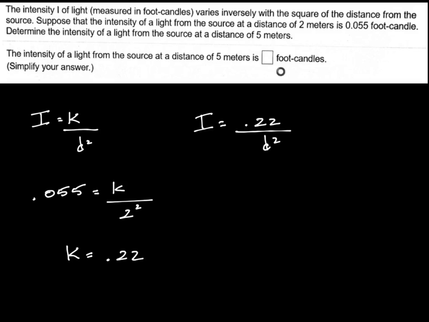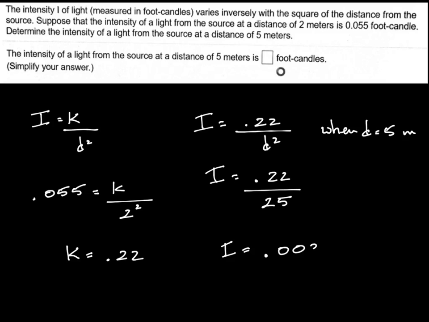Now we would like to figure out the intensity of the light from the source at a distance of 5 meters. So we'll plug in 5 meters for d. We get I equals 0.22 divided by 25, or 5 squared. Simplifying that, we get I equals 0.0088 foot candles.